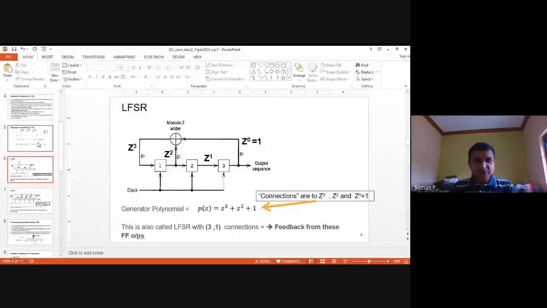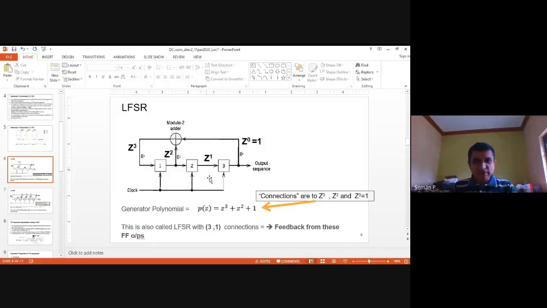I mentioned that G3 and G0 have to be 1. So z cube is there and 1 is there, and then you can have an XOR here and a connection from here in the generalized structure, but that is not present.